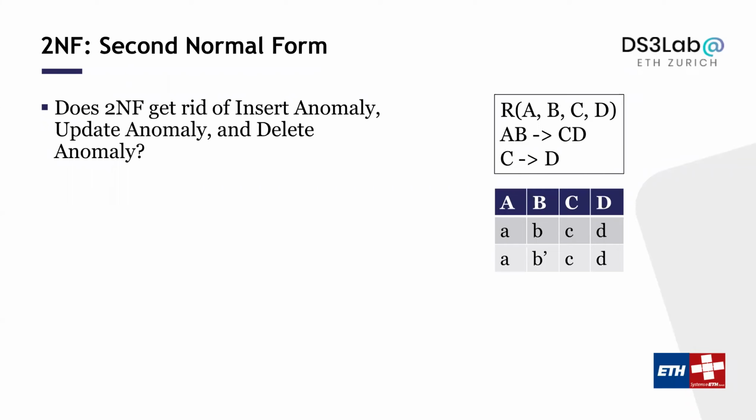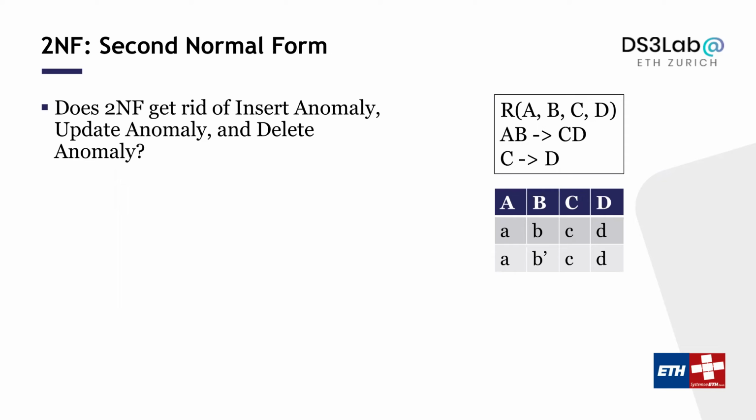To answer that question, let's look at one example. I have a relation with 4 attributes, A, B, C, and D, and I have 2 functional dependencies. I have one FD from AB to CD, which essentially means that AB is the key. And I have another functional dependency from C to D. Does this relation satisfy second normal form?